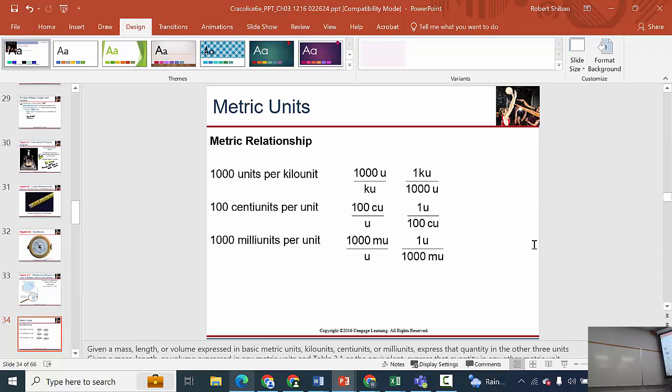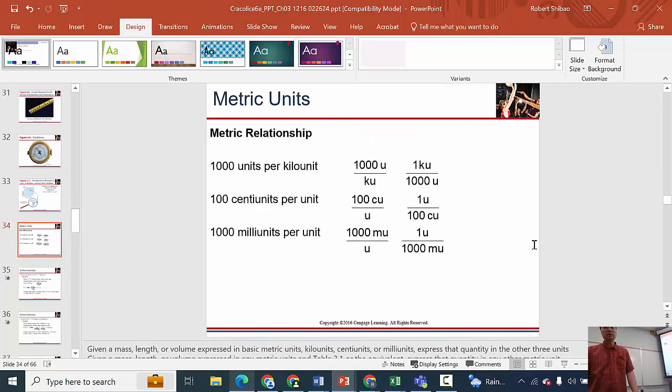We use milli for lots of things. Millisecond, 1,000 milliseconds per second. Millimeters, 1,000 millimeters per meter, etc. And so those are the metric relationships. And you could flip it over. You could use that equivalency both ways.